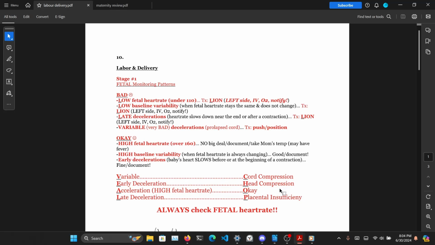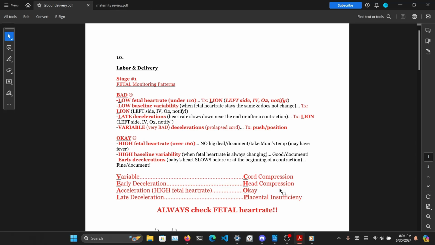In false labors, the contractions are irregular, and as soon as the mother starts walking, false labors will go away. So this is how you can find out. Usually false labors go away with movement, but true labors will increase and you will feel them stronger and lasting longer. So this is the difference between true labor and false labor.